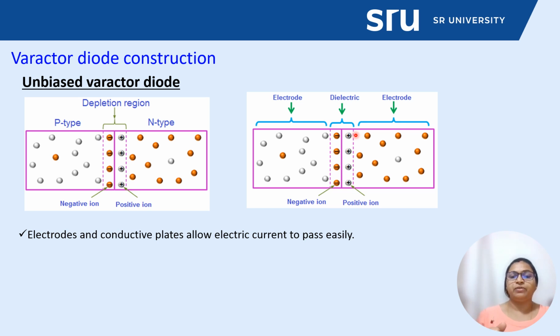A heavily doped Varactor diode has a very thin depletion layer, whereas a lightly doped Varactor diode has a wide depletion layer. We know that an insulator or dielectric doesn't allow electric current through it. The depletion region also does not allow electric current through it. So the depletion region acts like the dielectric of a capacitor.